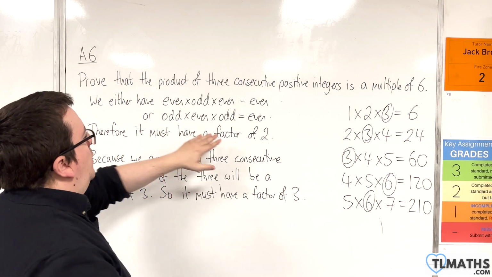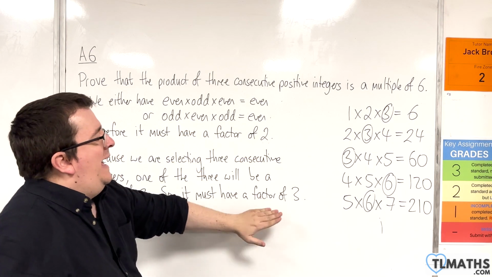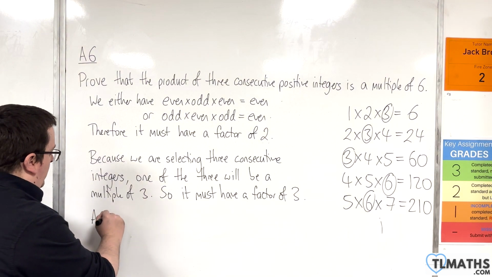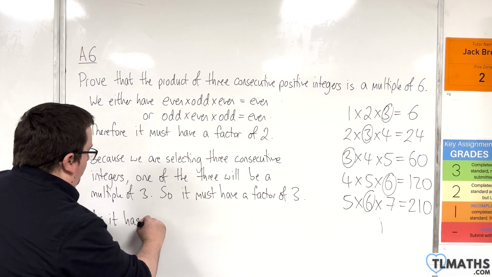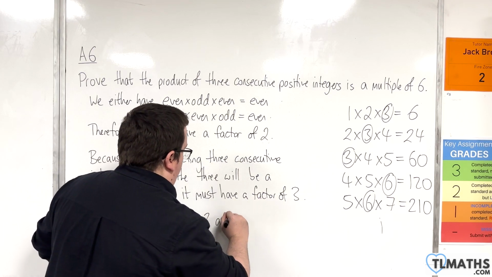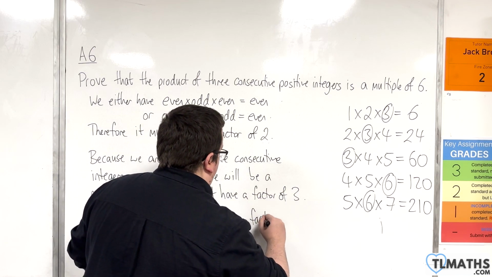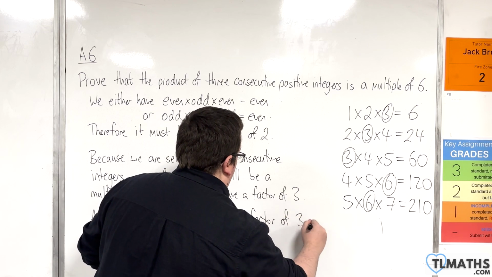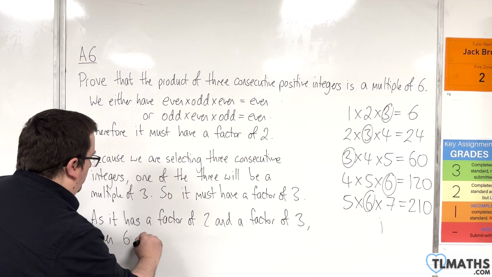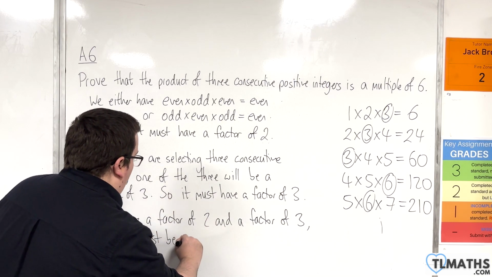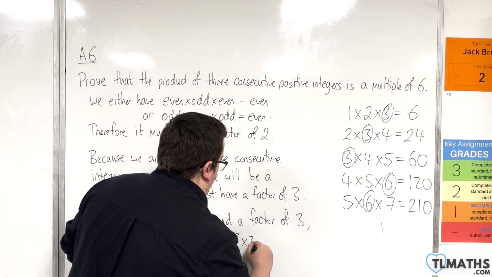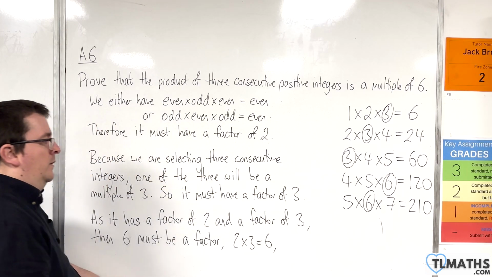If it has both a factor of 2 and a factor of 3, then 6 must be a factor, because 2 times 3 is 6.